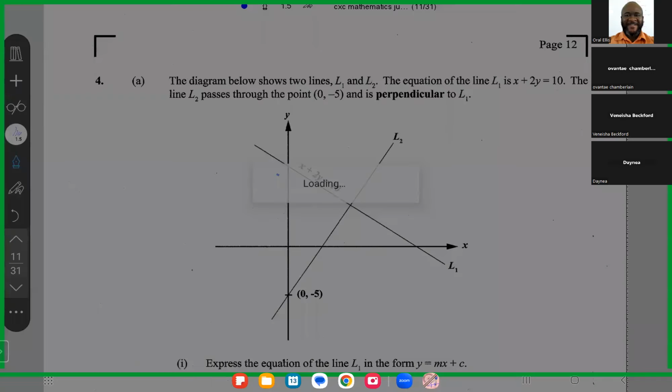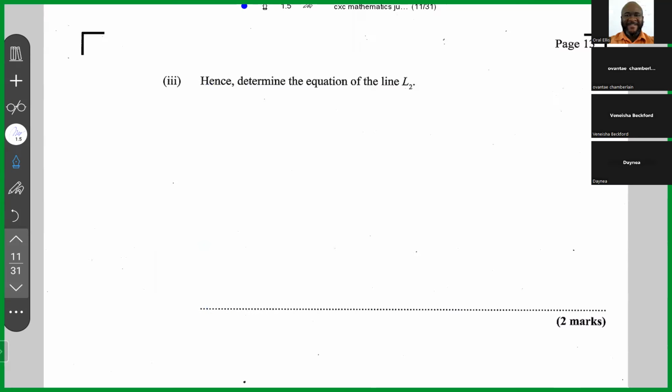Next, we're asked to hence determine the equation of L2. When someone asks you to find the equation of a line, essentially they're asking you to find M and C, the gradient and the y-intercept. Every straight line is defined by its gradient and its y-intercept.